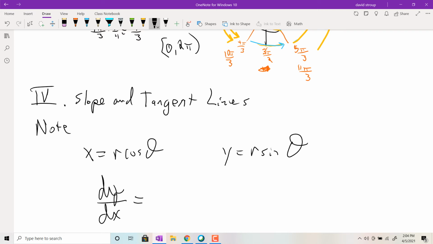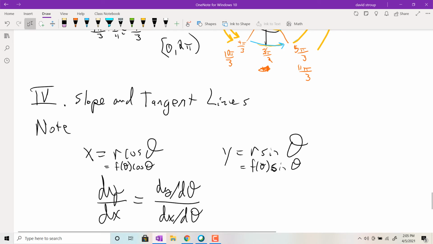R is generally considered a function of theta, so in the book you'll see x written as f of theta cosine theta, and y is f of theta sine theta. Okay. And then for the derivatives, you just take the derivative of y with respect to theta and put it all over the derivative of x with respect to theta.